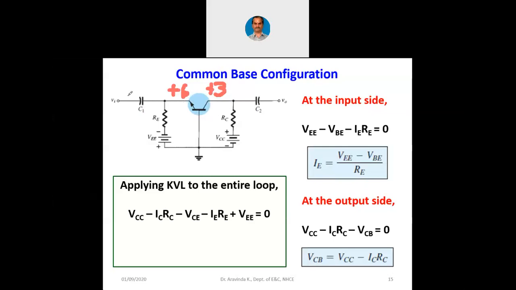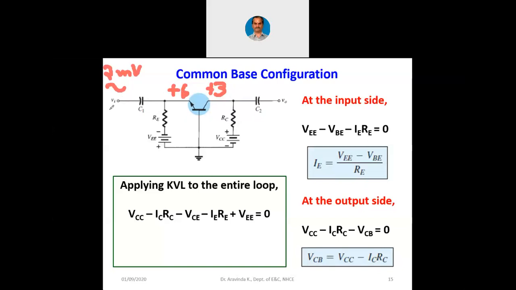Now let us say we apply a small AC signal here. This AC signal is in millivolts. Imagine that this AC signal is, let us say, 2 millivolts peak to peak. Now there is this plus 6 volts DC, and we are applying a small AC input.